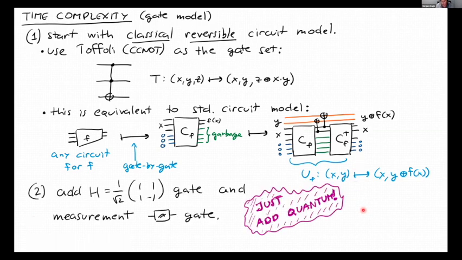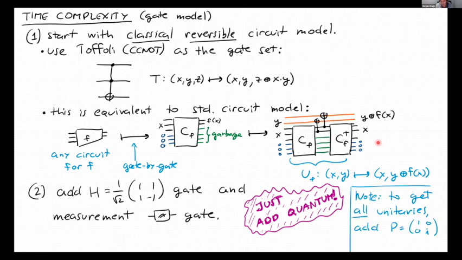So all this work, just to get the classical reversible circuit model. Now, to get quantum, we're actually just going to add 2 more gates: the Hadamard gate that we talked about at the beginning, and a measurement gate, which just means measure the qubit that's on this wire. So Toffoli, Hadamard, and the measurement gate. And that's already enough to have a universal model of quantum computation.